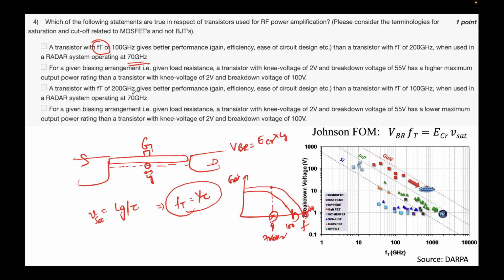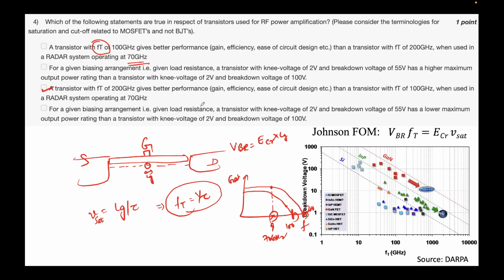So transistor 200 will fare better. It will have higher gain essentially, because I'm assuming the slope of this is the same. This is the Bode plot, you assume one pole and so on, right? So I'm assuming the slope is the same for both. So naturally the performance will be better for your 200 gigahertz FT device.